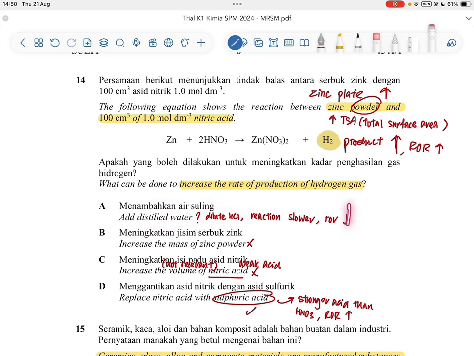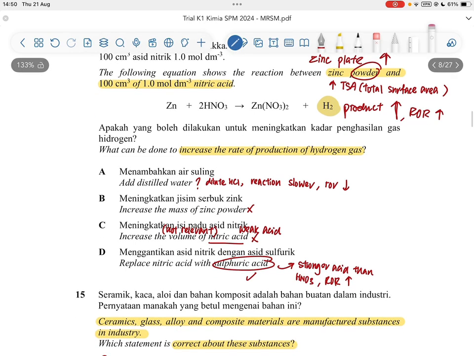So the reaction will become slower, the rate of reaction will decrease. Increasing the mass of the zinc powder will not increase the production of hydrogen gas, because the ratio of zinc to hydrogen gas is 1:1.